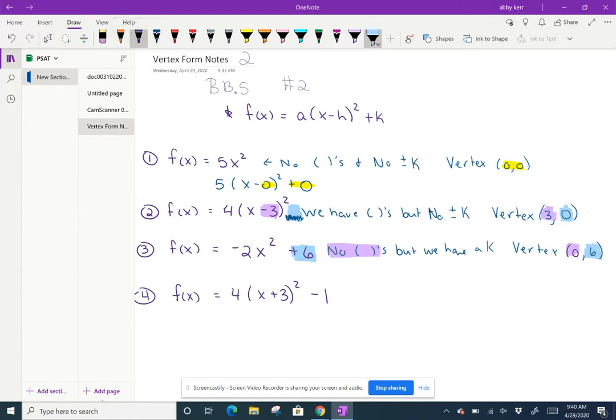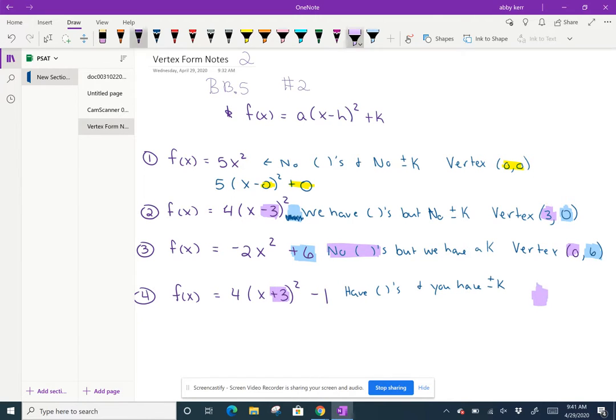And then lastly, I think this one's actually the easiest because you have all the pieces to the puzzle. You have the parentheses, and you have a plus minus k. So, right here, I see a positive 3.